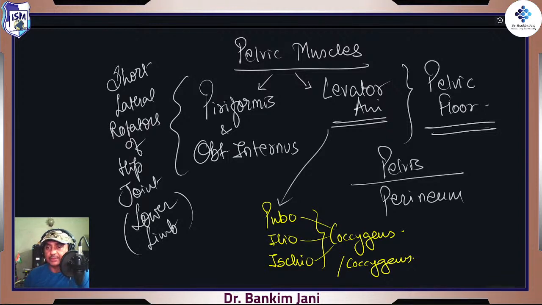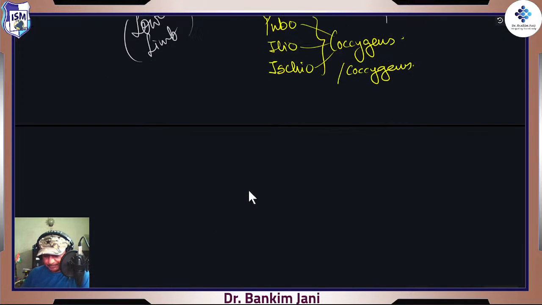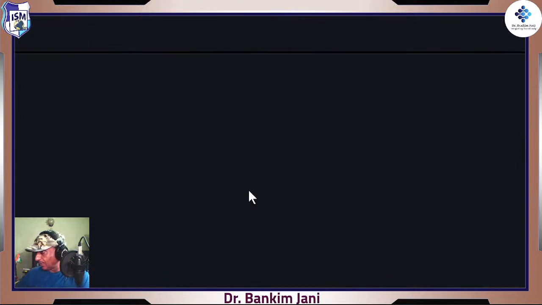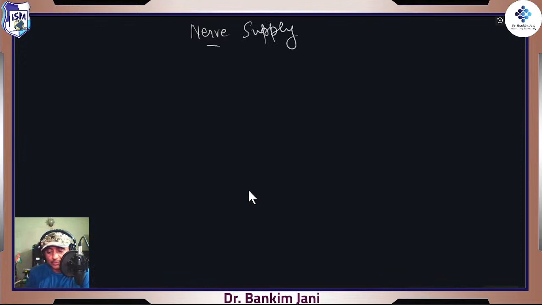Let's clear this part by watching some images, so that it will be crystal clear. Now, before we talk about it, some things which you should now be quite comfortable with. One, regarding the nerve supply. Now see how easy you will find this. Levator ani, very important muscle, right?